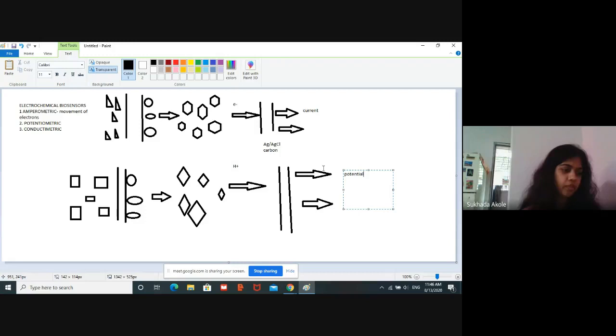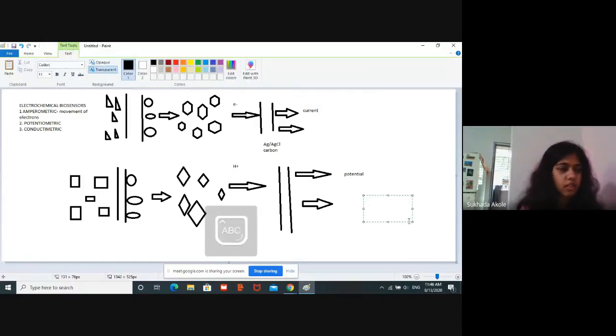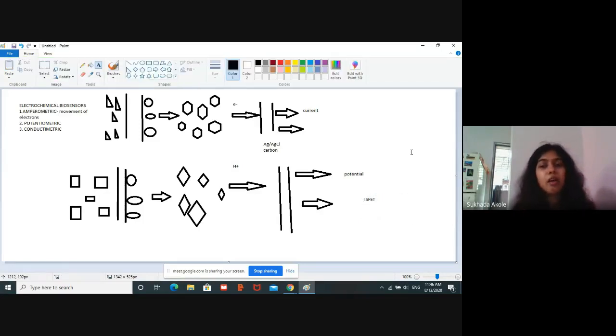The best example of this is the ion selective electrodes, or we call it ion selective field effect transistors, ISFET, which is my ion selective field effect transistor.